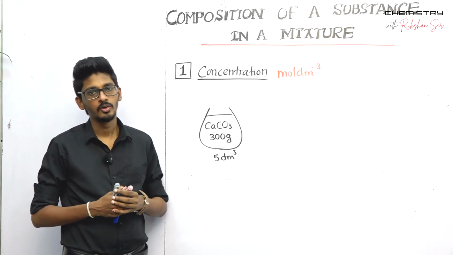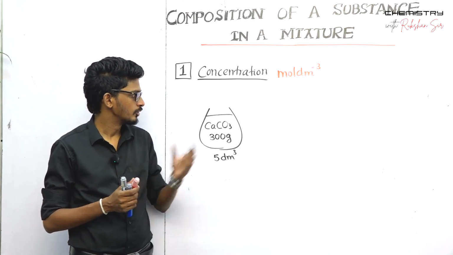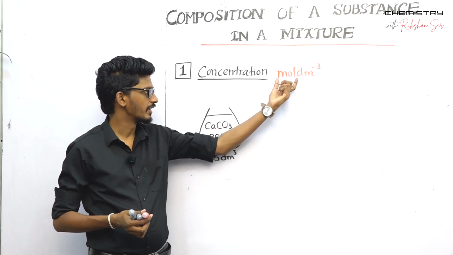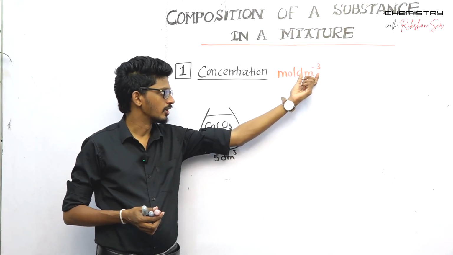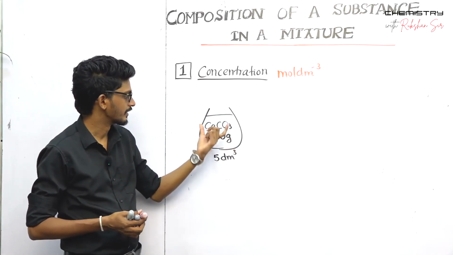Let's see how to do this kind of calculation. Again, the concentration means you have to divide the mole value of the constituent substance by the decimeter cube value of the solution.